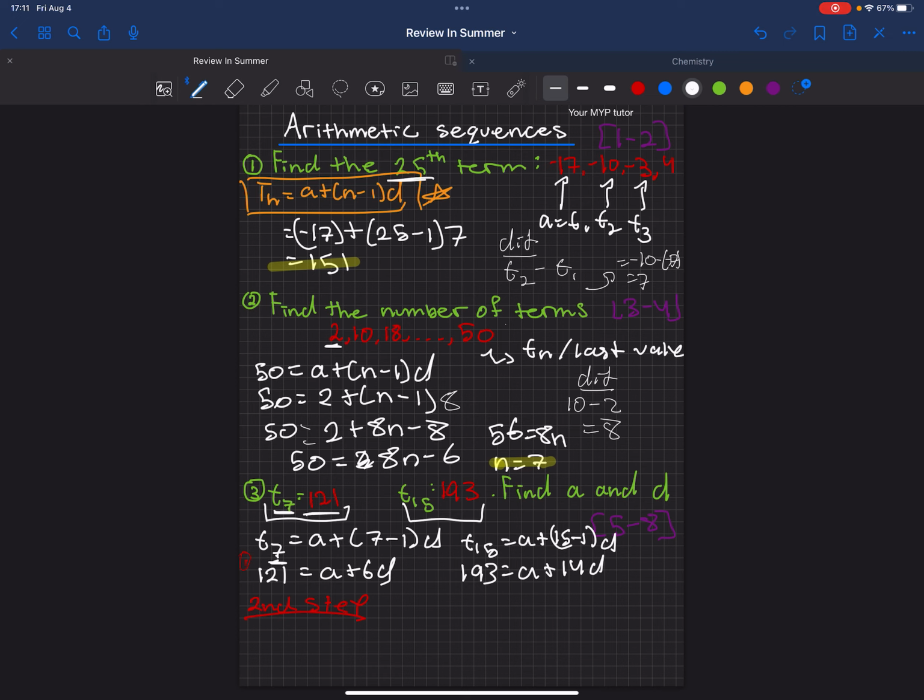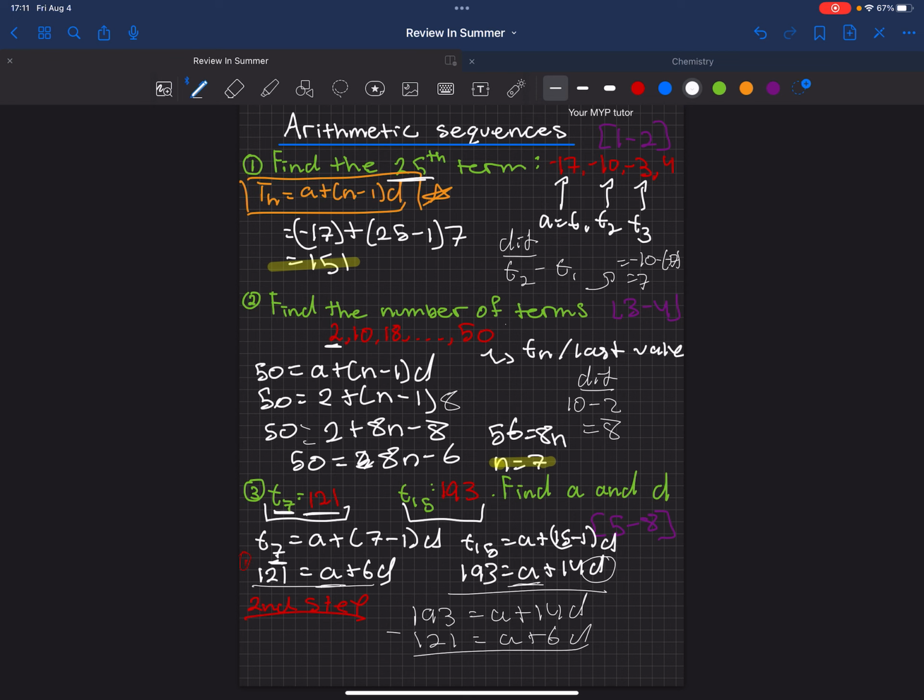So what we're going to do is 193 is equal to a plus 14d, minus 121 is equal to a plus 6d. Now we do this so we could eliminate a, so we could isolate for d, and then we could substitute the value of d into one of these equations, okay?